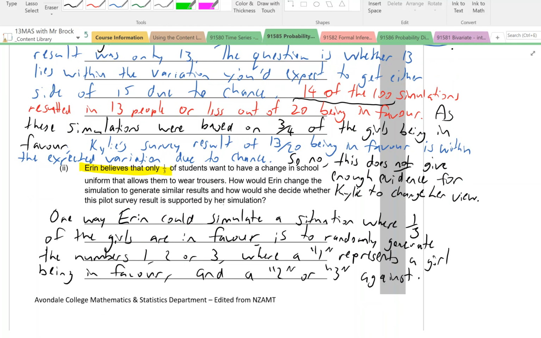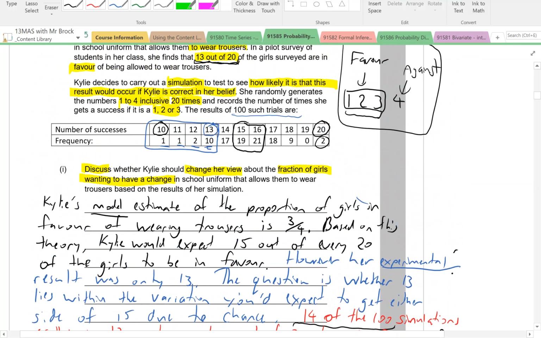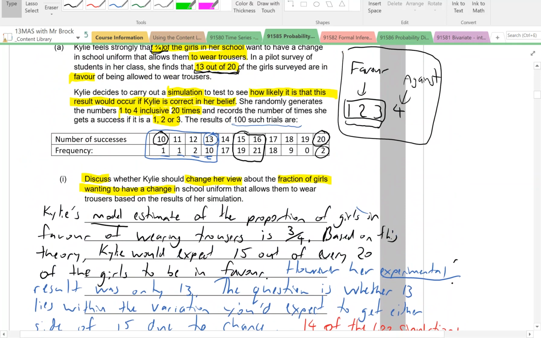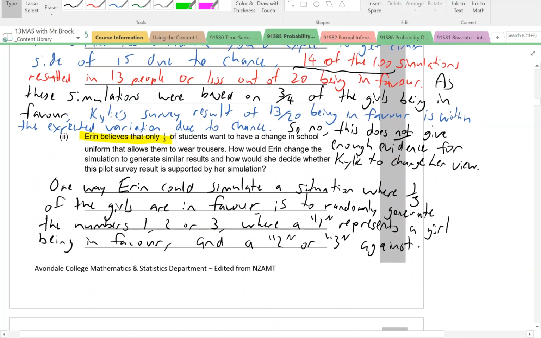So again, the pilot survey is still the same pilot survey that Kylie did, where she asked 20 people and found that 13 were in favour. So again, we need to generate 20 random numbers from 1 to 3 and count how many ones we get. The number of ones that we get out of our 20 numbers would represent how many girls were in favour.